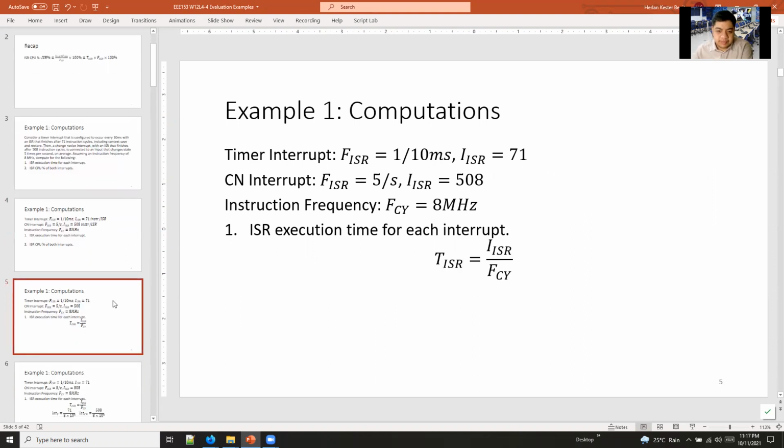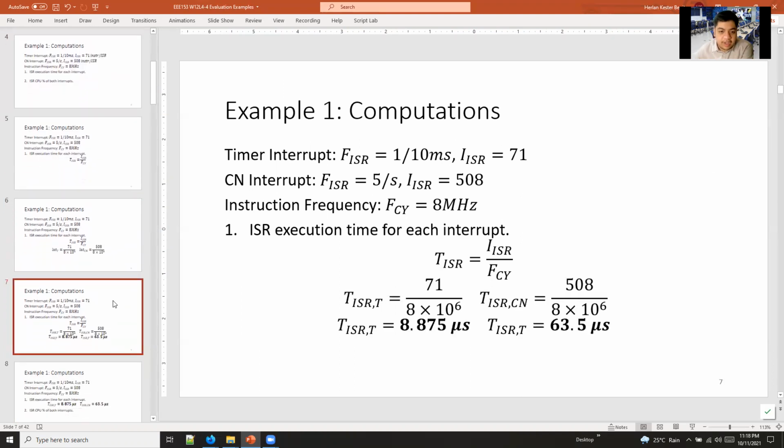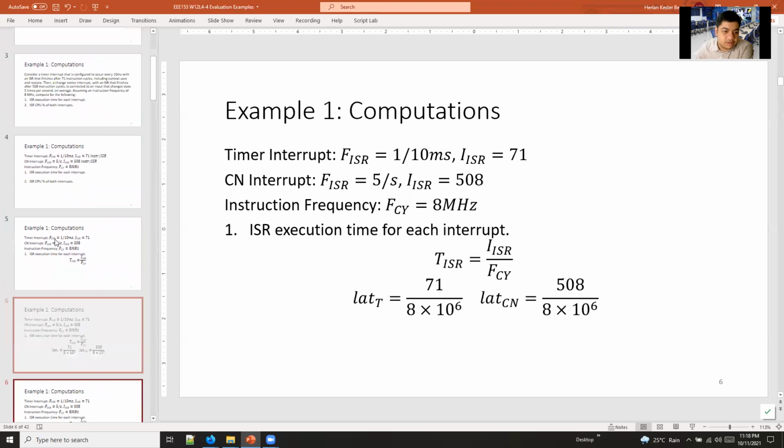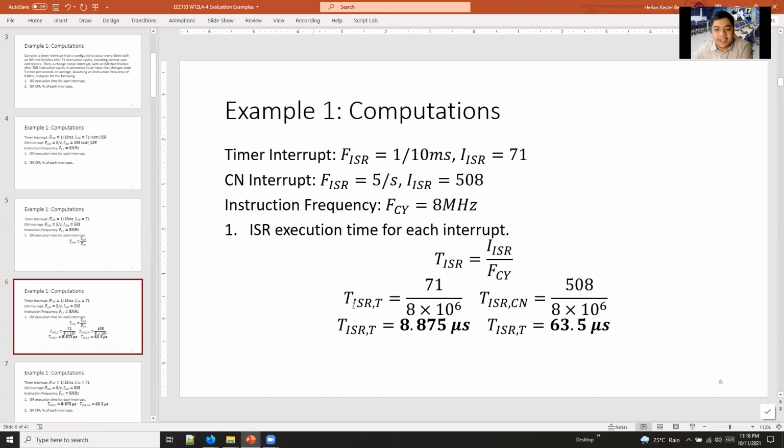So if we start with the execution time, so that's just the number of instructions divided by the frequency. So for the timer, it's 71 over 8 megahertz, so 8.875 microseconds.